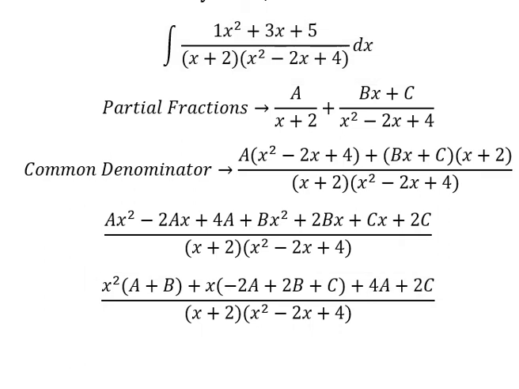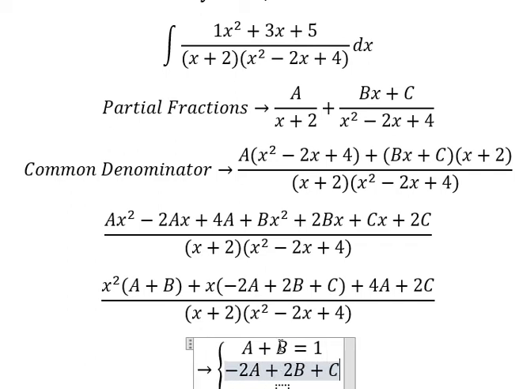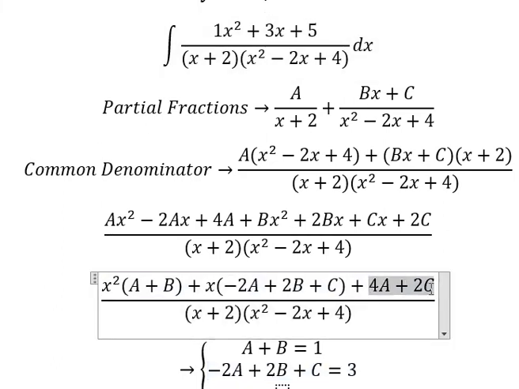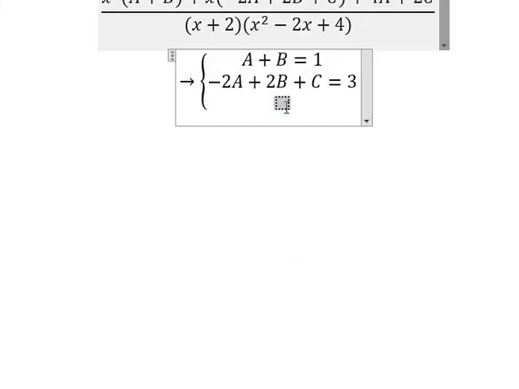And now we create the system of equations. So you get a plus b equals number 1, negative 2a plus 2b plus c equals number 3, and 4a plus 2c equals number 5.